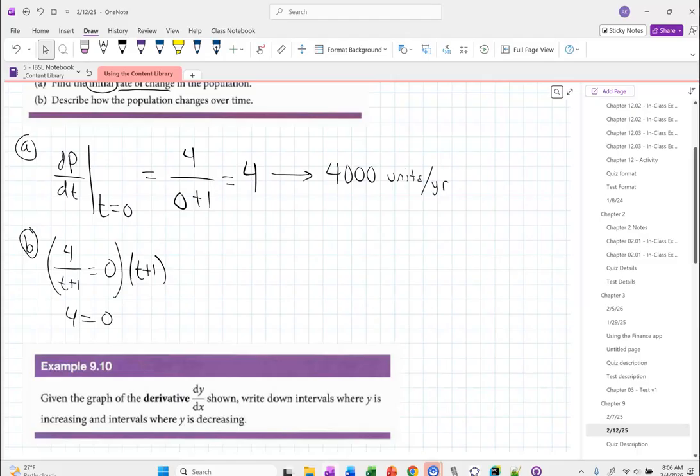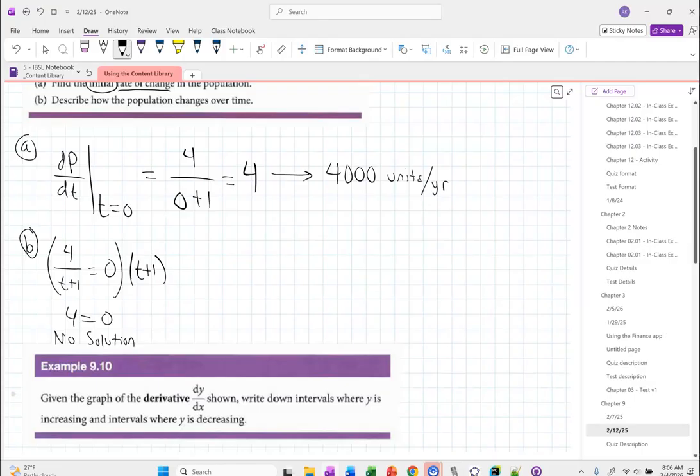What's the value of t that makes that fraction equal to 0? There is no solution to that equation. There's no value of t that's going to make that fraction become 0.